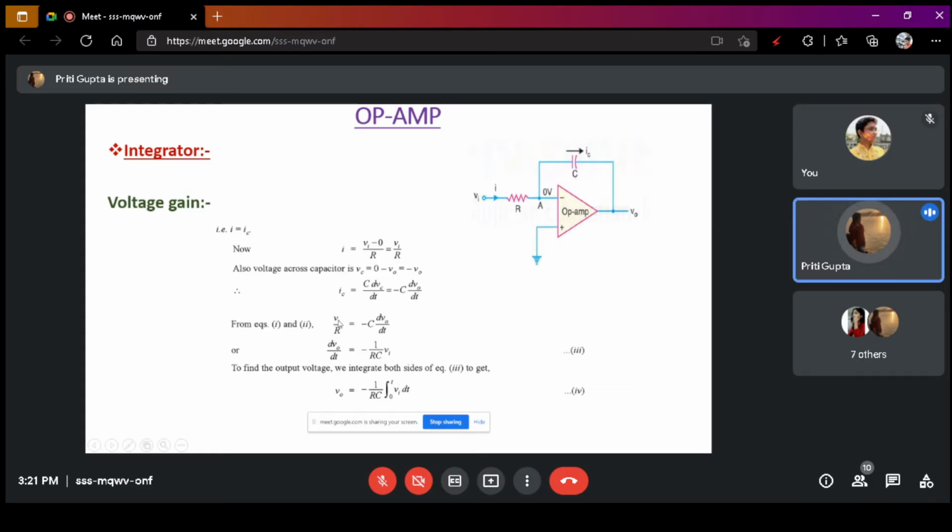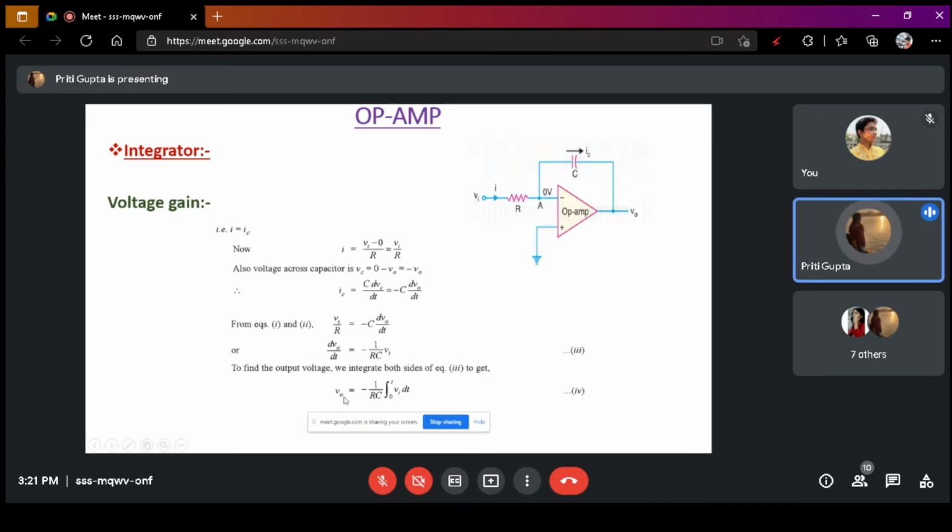Now we are equating these two. Vi by R equals to minus of C dV0 by dt, or dV0 by dt equals to minus of 1 by RC into Vi. Take the dt to the other side, and after that we need to take the integration. Then only we will get V0.